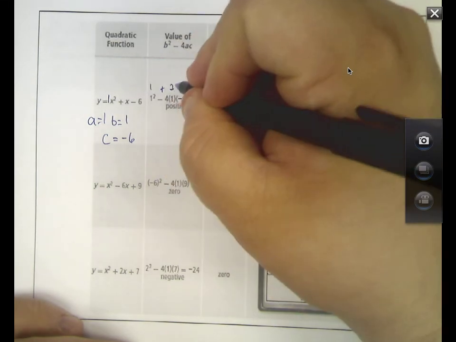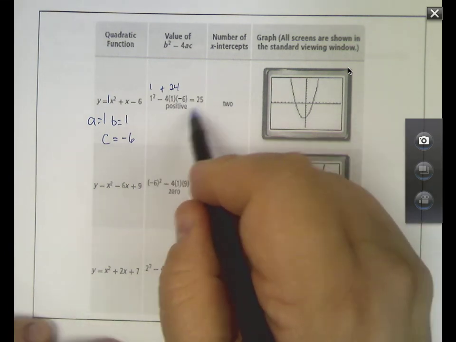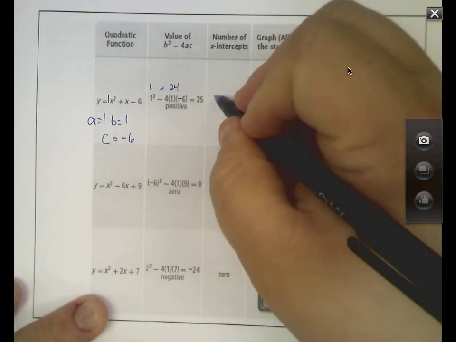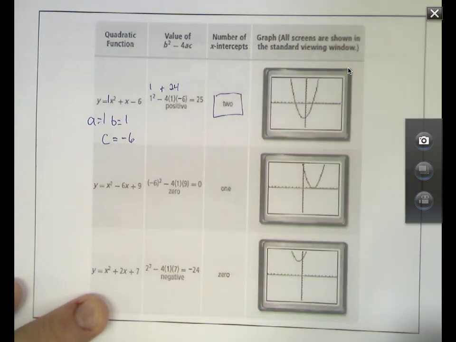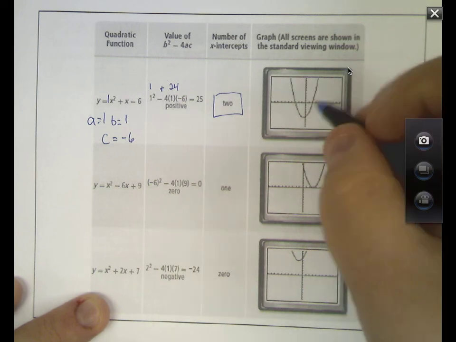A negative times a positive times a negative gives you a plus. So it's 1 plus 24, which is going to give you 25. Okay? 25 is positive. So your number of x-intercepts are 2. That's how many solutions you have.